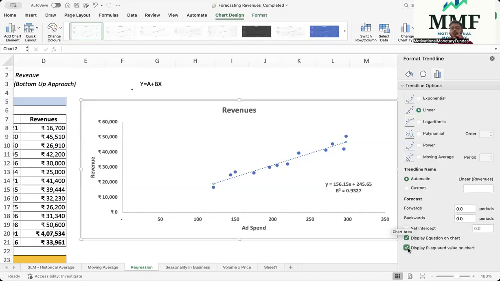R square is also important. So R square basically tells you how much of the risk is being explained by the market risk. So it basically tells us how much is your systematic risk, which is your non-diversifiable risk. So in this case, we can see 93% can be a systematic risk as per this scenario.